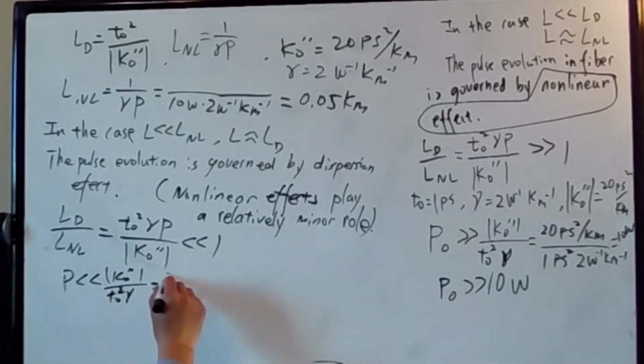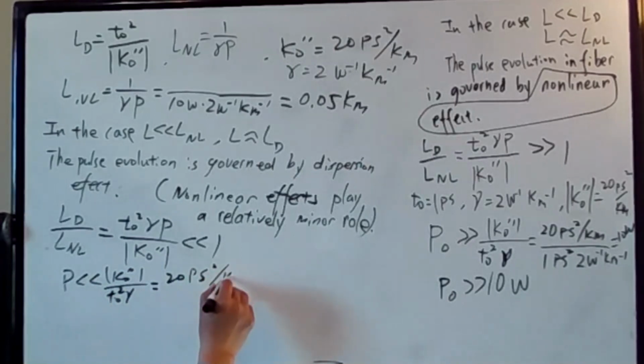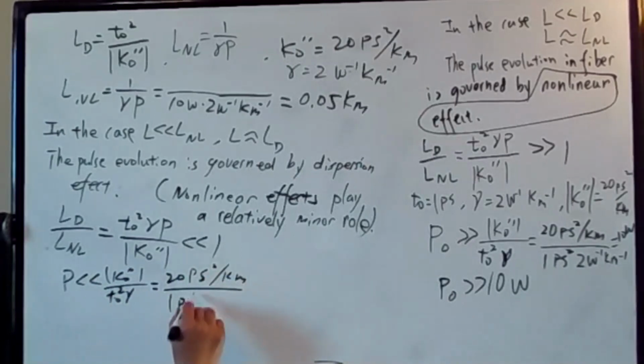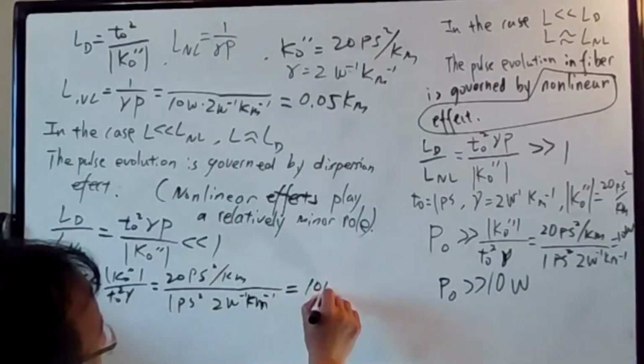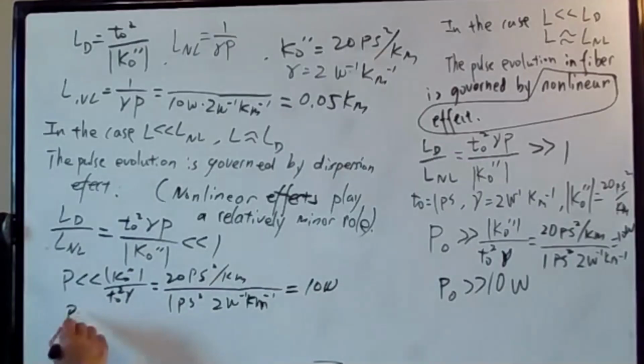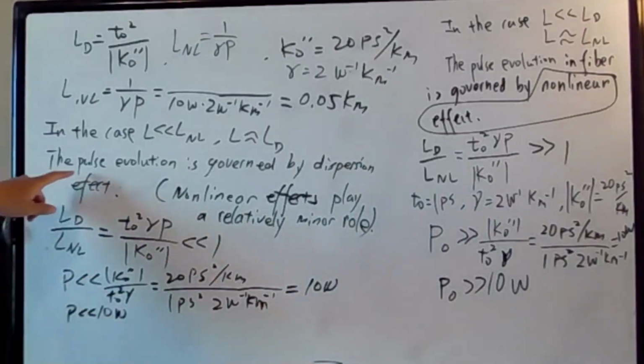It's the same number: 20 picosecond square over kilometer divided by 1 picosecond square times 2 inverse watt inverse kilometer, which is 10 watt. So P needs to be way less than 10 watt in order to have the pulse evolution governed by the dispersion effect.